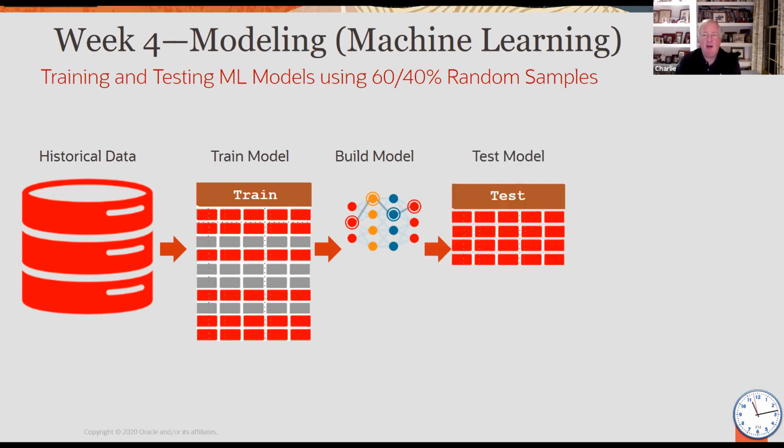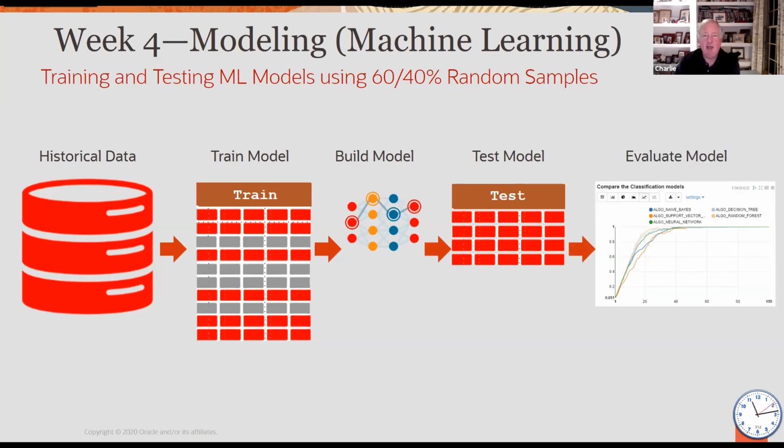We'll then apply the model to the test holdout sample of the data. And based on how well we can predict the known values for the historical data, we sort of predict the past, then we get to evaluate the model. How accurate is this model? If we learn, but then we predict what we already know, we can measure. And so that's how you know how good the model is.